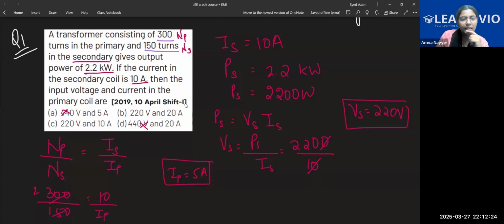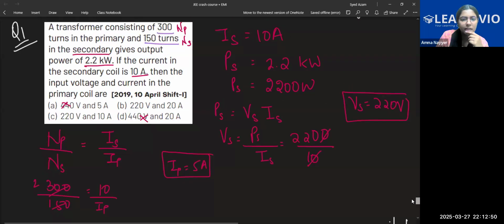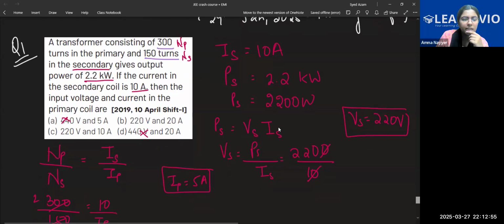So 220, and it's written 10. See, 220 and 20 amperes, 220 and 10 amperes. Check the calculations. 10 ampere of current is there. Primary has 300, secondary has 150.